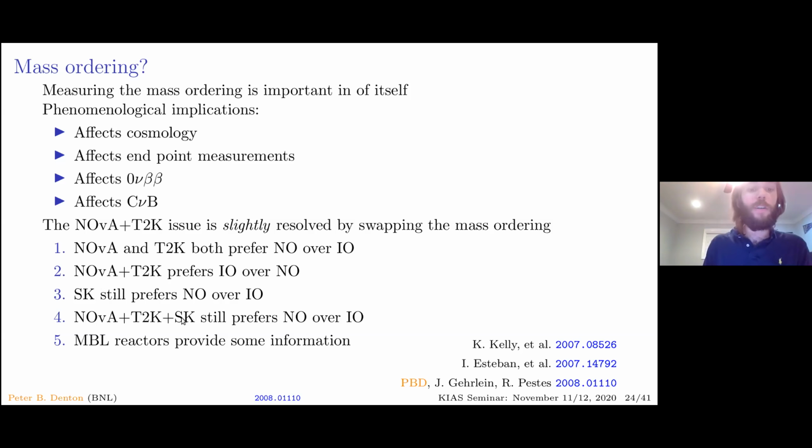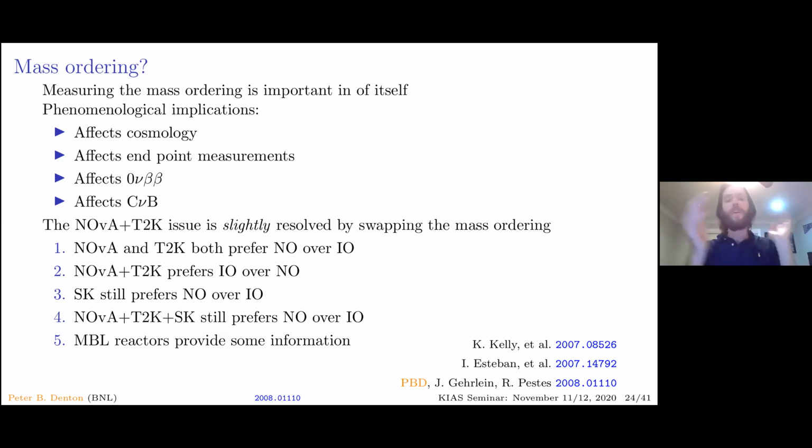So the combination of them prefers the normal ordering. And then medium baseline reactors like Daya Bay and RENO provide some information, because while they're not actually sensitive to the mass ordering, they are sensitive to delta m squared 3,1 and delta m squared 3,2. And if you had a precise enough measurement of delta m squared 3,1 or 3,2, then you would have basically measured the mass ordering.